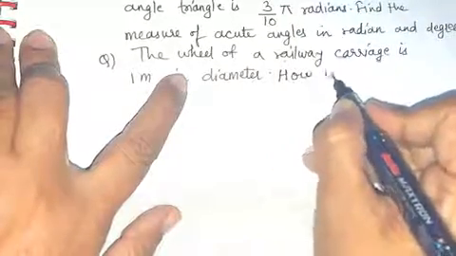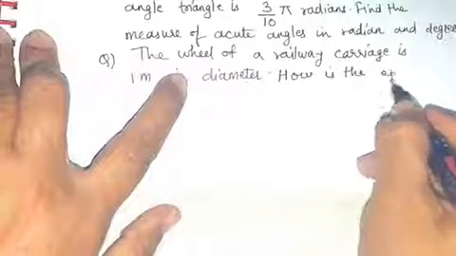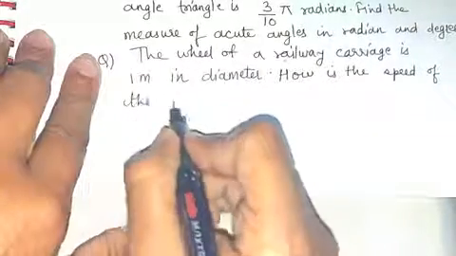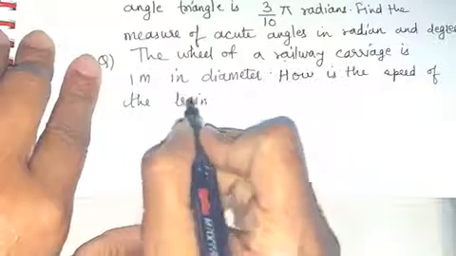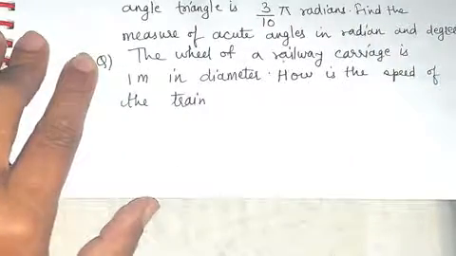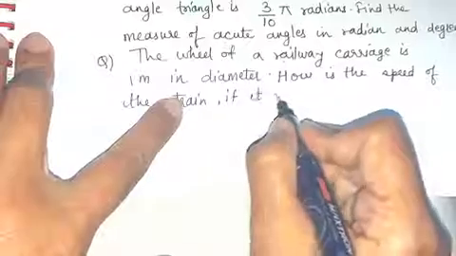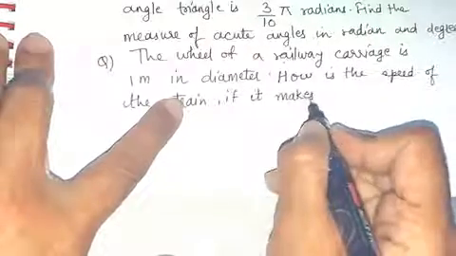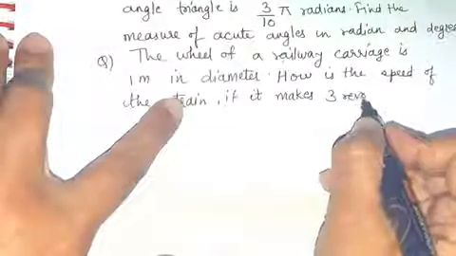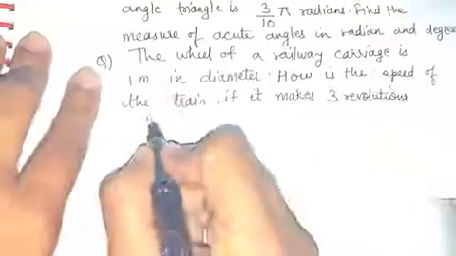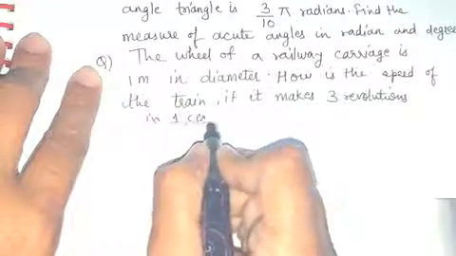Calculate the speed of the train if it makes 3 revolutions in 1 second.